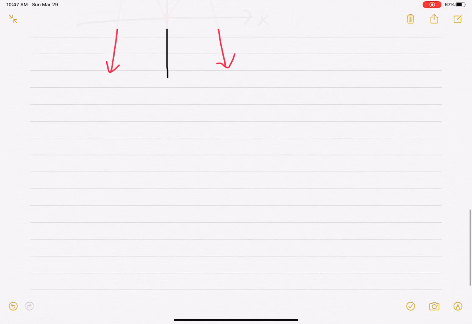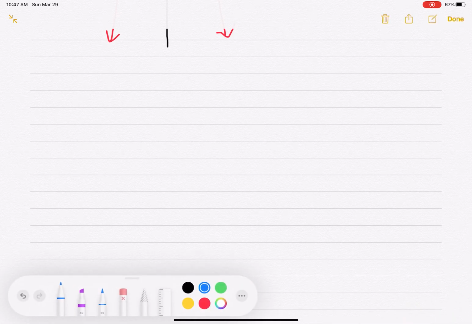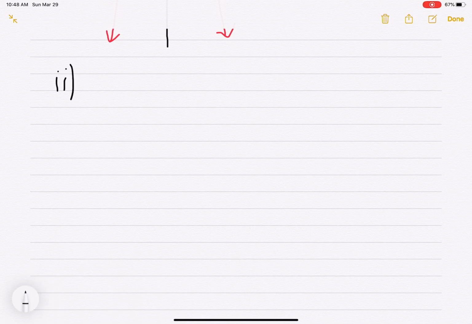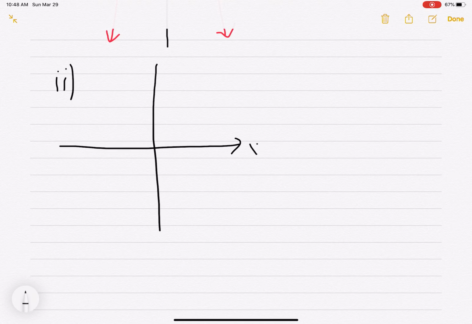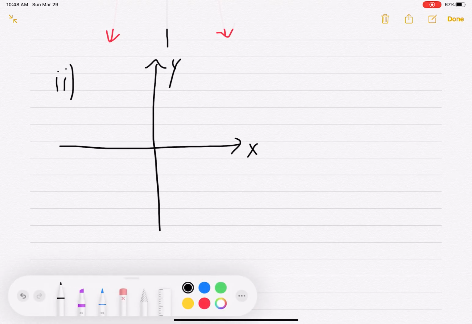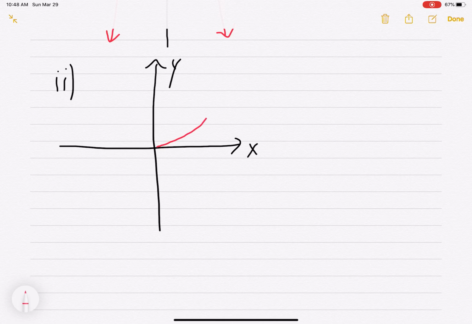Okay, let's do a number 2 example. Let's say we have a y-axis and an x-axis again. And let's say this time, we're dealing with something like this. This is our graph.